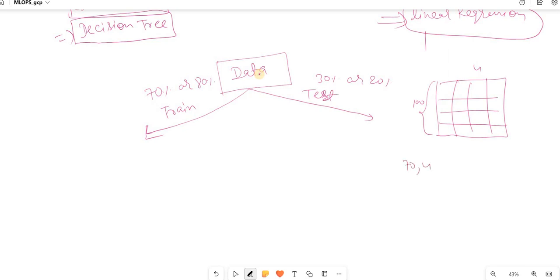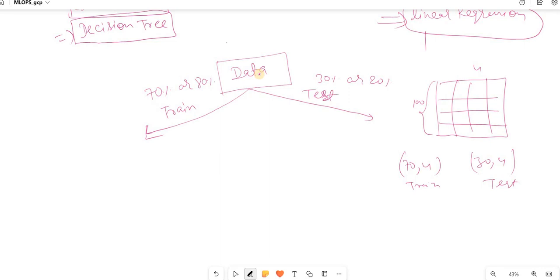So 70 rows and 4 columns will become the train, and 30 rows and 4 columns will become the test. There will be no split in the columns. The split will be in the records. So always remember, okay? And if it is 80%, then 80 rows and 4 columns will become the train, and 20 rows and 4 columns will become the test. This is how I do it.